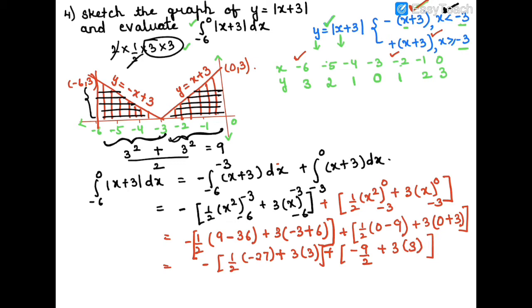So you can see here this is 27 by 2 minus 9 by 2 and again plus 9. So this is going to get cancelled, and 27 minus 9 is equal to 18 by 2, which is equal to 9 square units. So we already knew our answer.